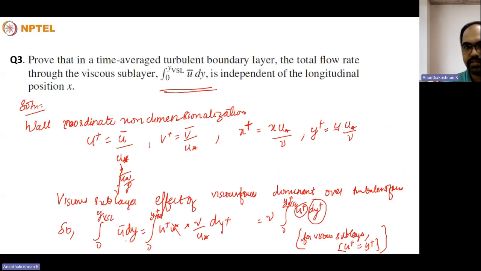And then we have seen scaling analysis. That's all. Thank you.